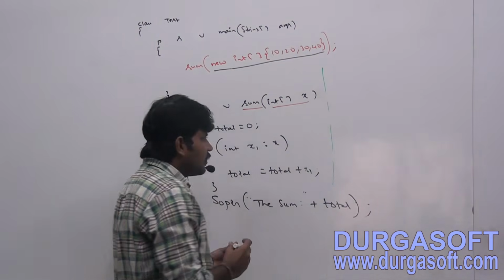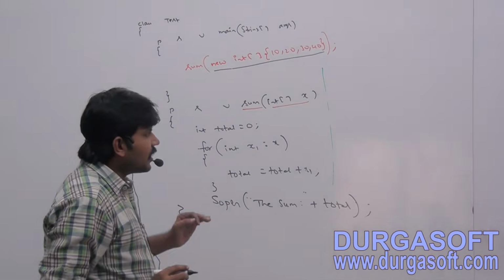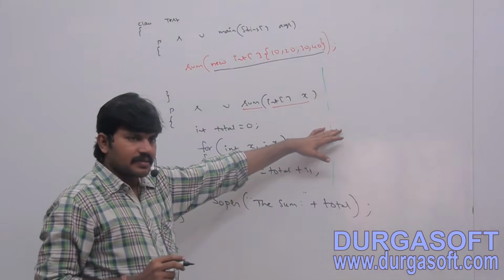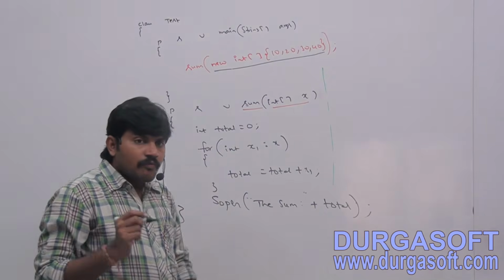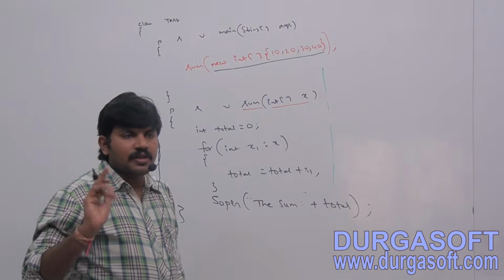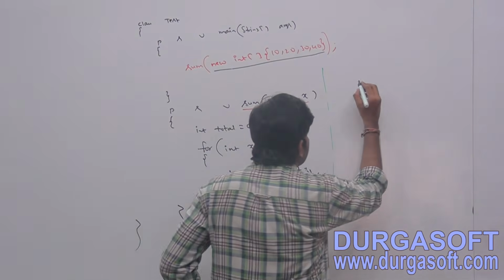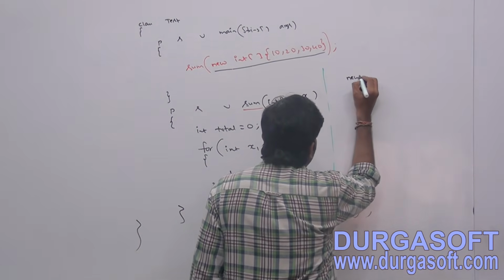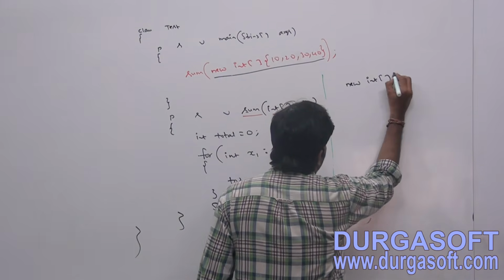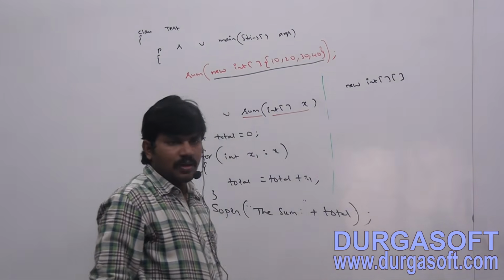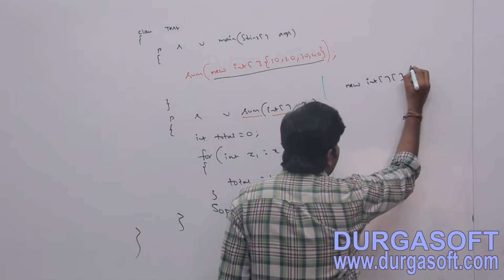Now the next one. Sir, we can apply this technique, I mean anonymous arrays, for multi-dimensional arrays also. We can create multi-dimensional anonymous arrays also. What is the option? Observe. New 2-dimensional array, with what values?